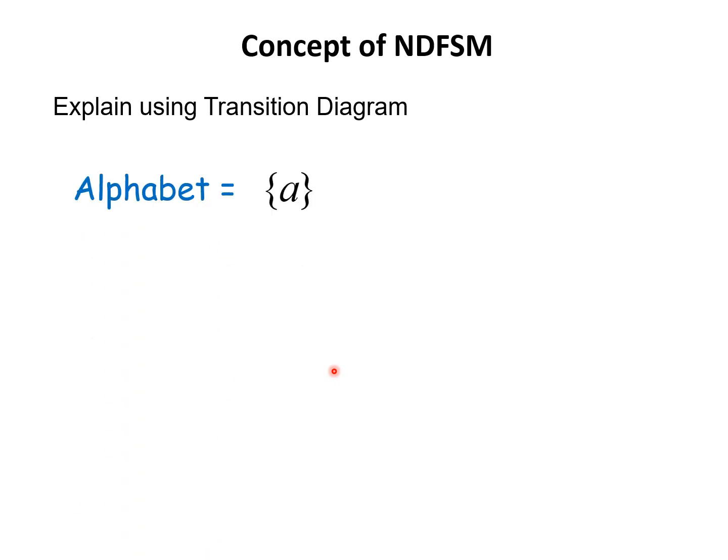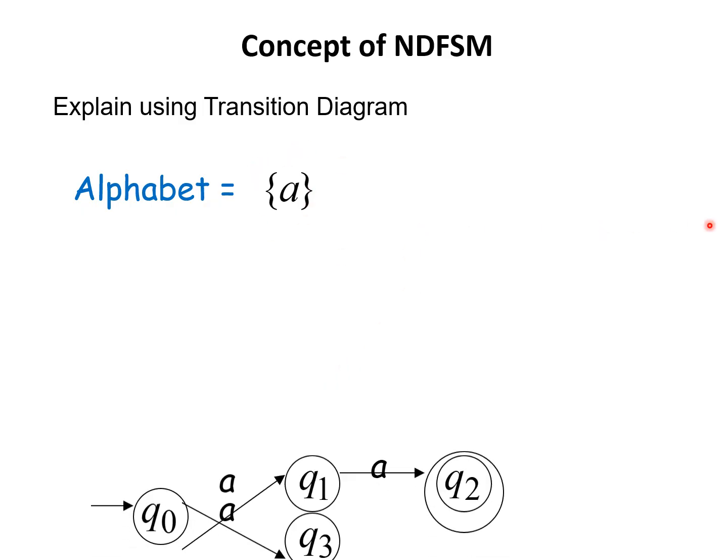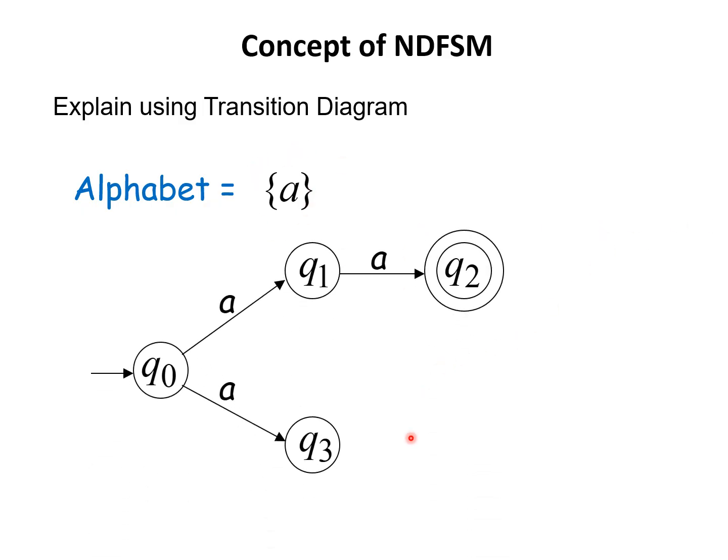Let us understand the concept of NDFSM clearly through a transition diagram. Let us take input alphabet A. Look at q naught: on A, it may go to q1, and it also goes to q3.